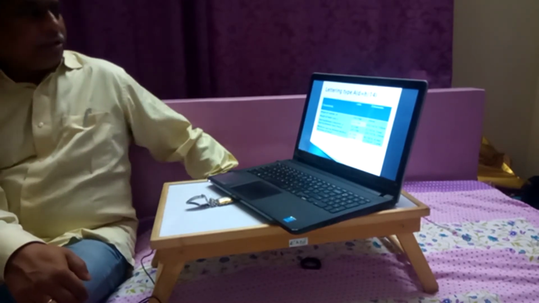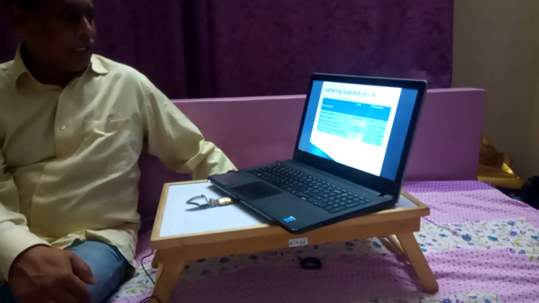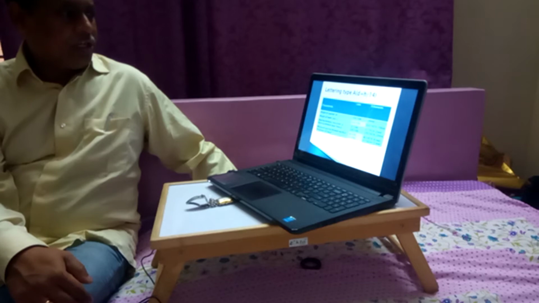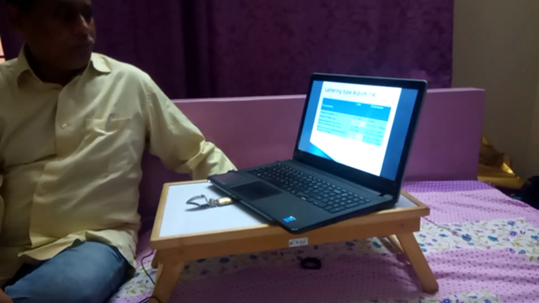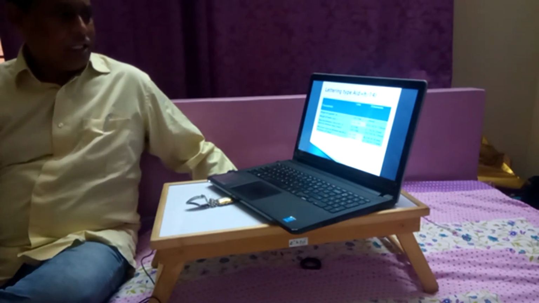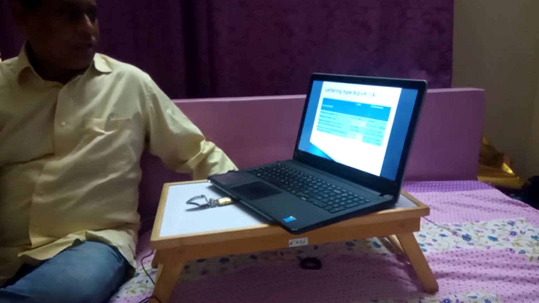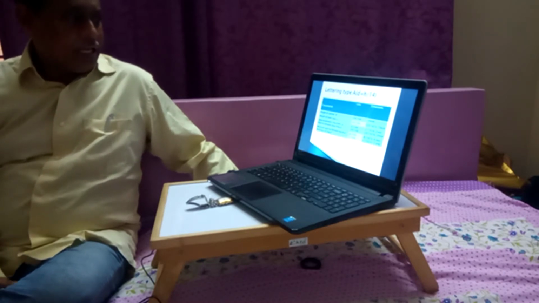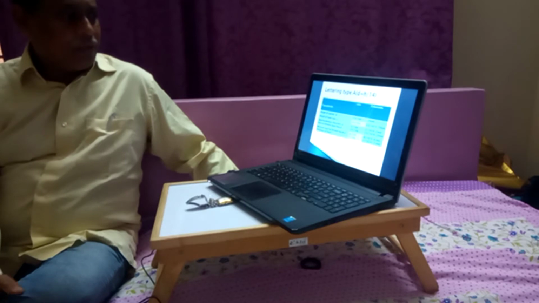If the height of capital letters is h, then the ratio is 14 by 14 into h, that is 14 mm. So for 1 mm, if we take h as 14, then the lowercase height will become 10 by 14 into h, that is 10 mm.